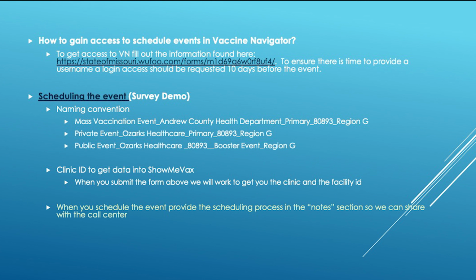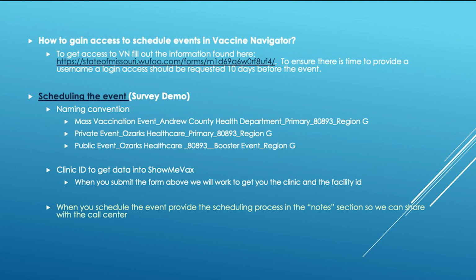Clinic ID. So you may get a lot of questions about this. For us to enter data into Show Me Vax, we have to have a clinic ID right now, because as we're still making changes to Vaccine Navigator, like we just had a request from FEMA to add another field, we're doing file uploads instead of doing a web service.